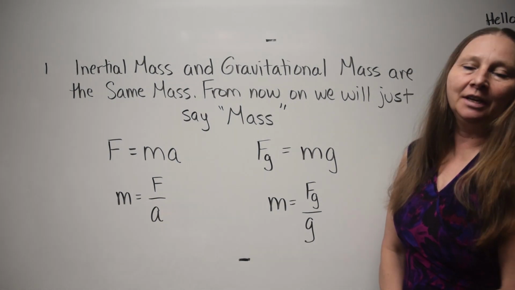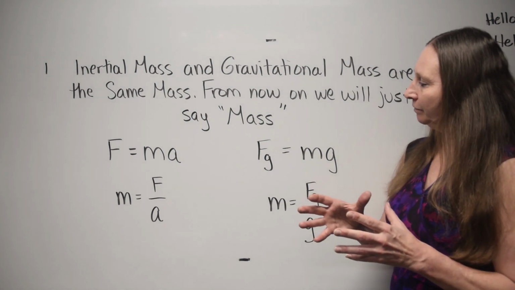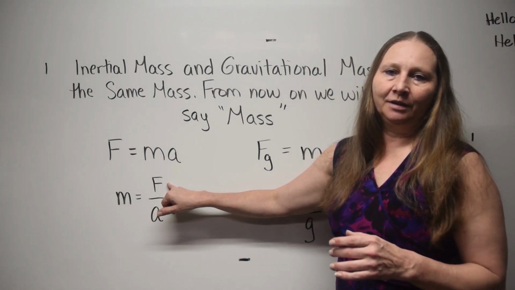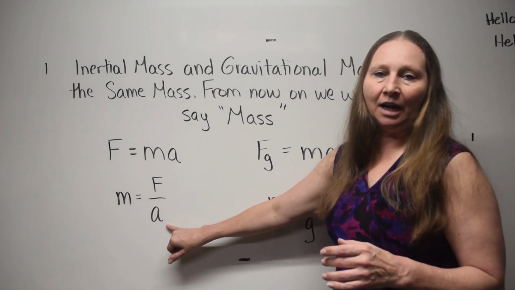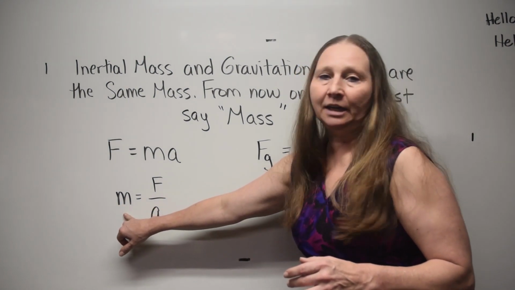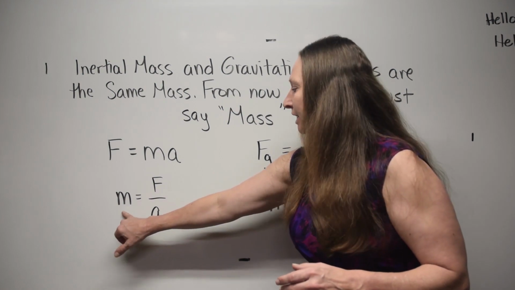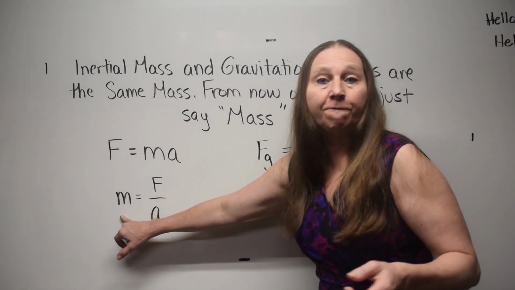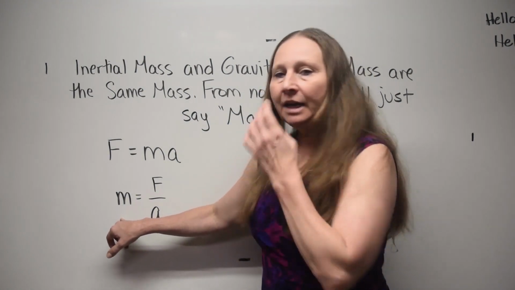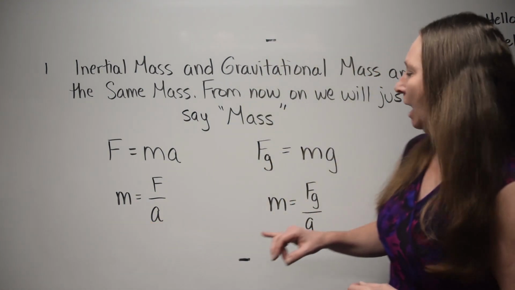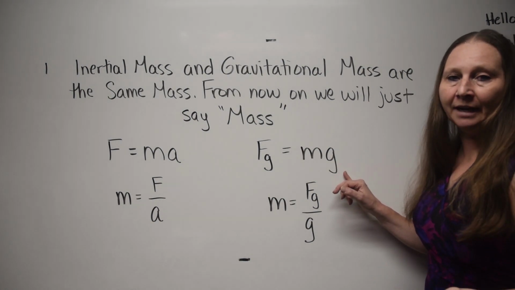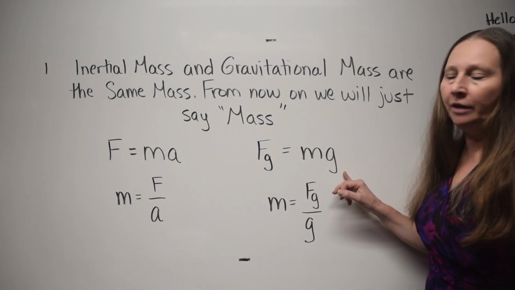What that means is that if you have an object and you want to give it a push to see how fast it accelerates so that you can calculate its mass, let's say for m, you get 4 kilograms. Now take that same 4 kilogram object and put it on the Earth.